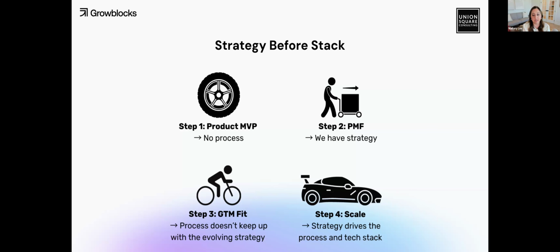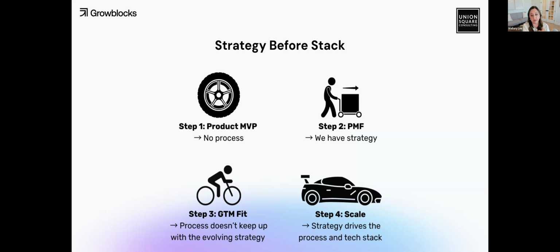So we have advanced enough to have a product and a strategy, an idea of how we're going to go to market. In this phase, in step 2, still not a lot of process here because we're just getting started with going to market. When we get to step 3, we're getting a little bit more advanced, and this is when we have our go to market fit.